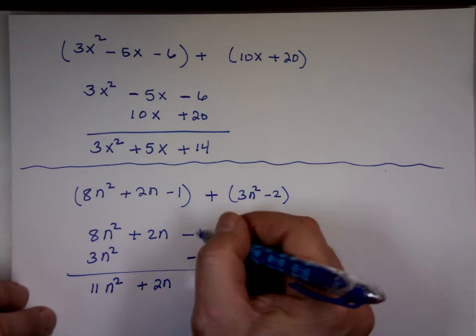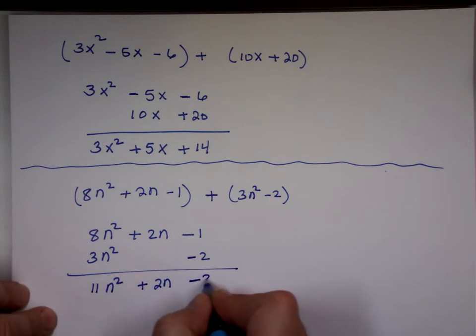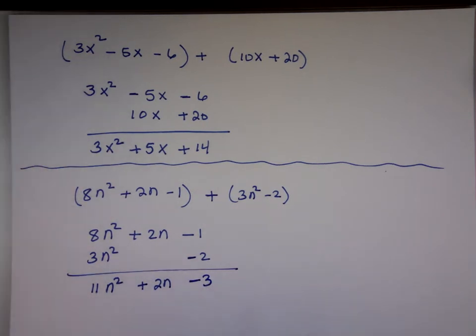What's minus 1 minus 2? Minus 3. So if you like this method, stick with it, but I want you to see it a few times before you say, no, I don't like it. Please give it a try. So that's how we add. Now we're going to do subtractions.